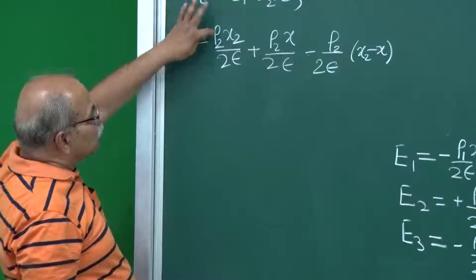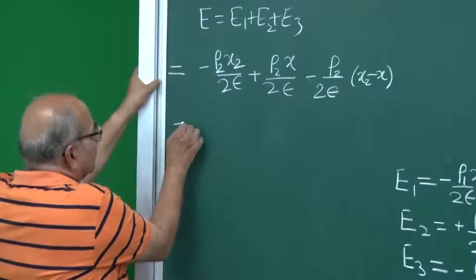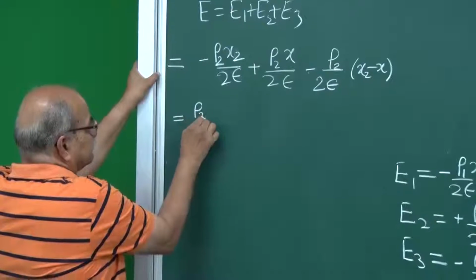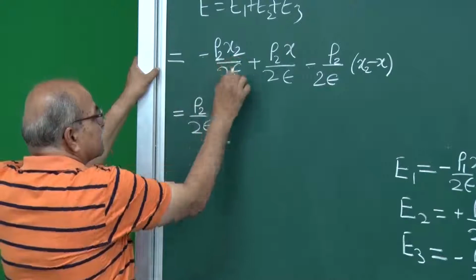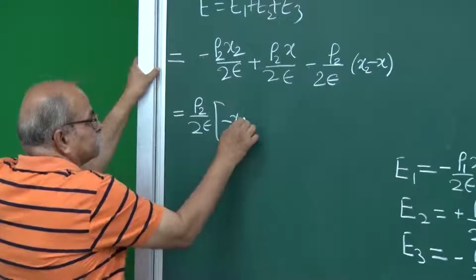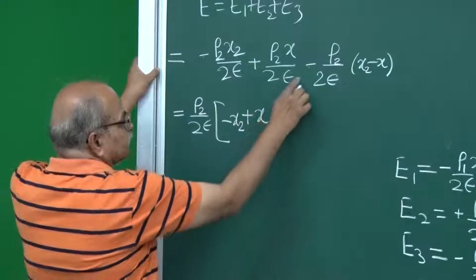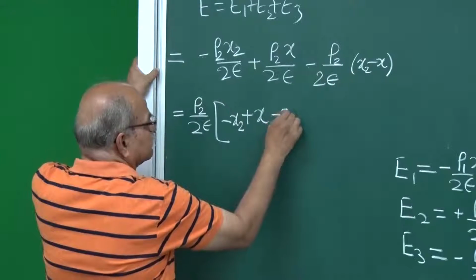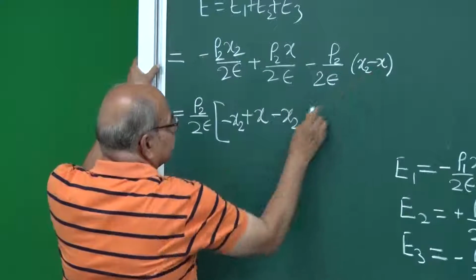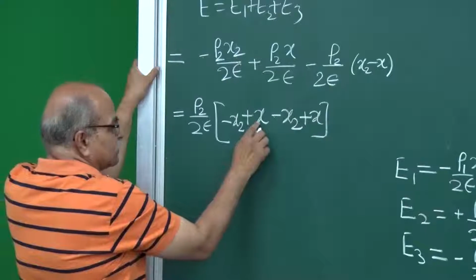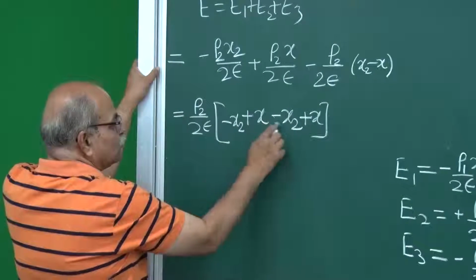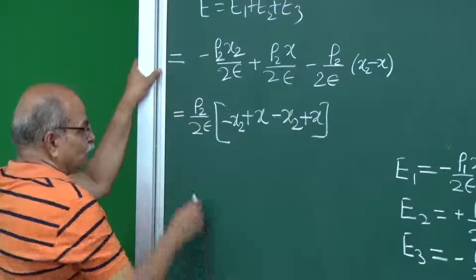This is rho 2 and this is x2. So you see rho 2 over 2 epsilon is common, I can take it out. What is left? Minus x2 plus x, then minus x2 and plus x. So 2 times x and minus 2 times x2.